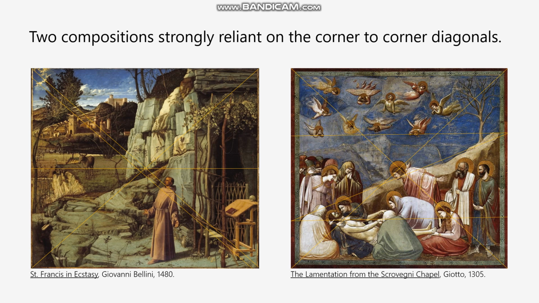But let's take a look at how it works in these two paintings. So I've talked about St. Francis in Ecstasy before in terms of the narrative a little bit. So here we have a painting that is the story of a saint who has removed himself from his life, from the urban life, from the life of people, society, civilization.